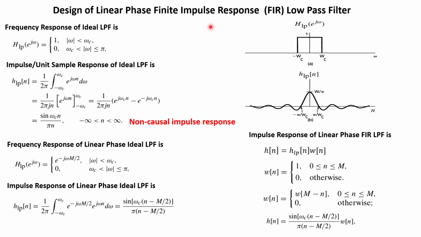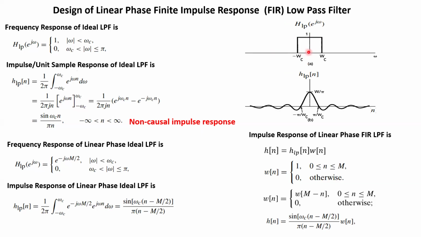Before going on to the MATLAB software, we first look at some of the mathematical definitions that will be required to understand the coding that we are going to do over MATLAB. This is the frequency response of the ideal low pass filter.